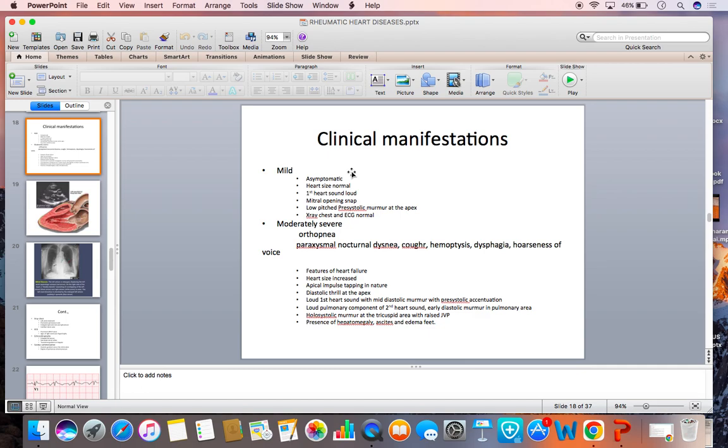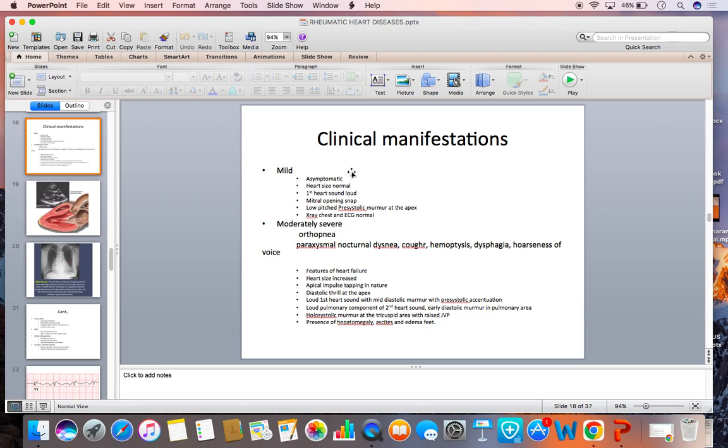There is a holosystolic murmur at the tricuspid area with rise in JVP. When there is mounting up of pulmonary arterial pressure with pulmonary valve regurgitation, there could be backward pressure mounting up in the right ventricle, and there is dilatation of the right ventricle and incompetence of the tricuspid valve, that results in tricuspid incompetence.